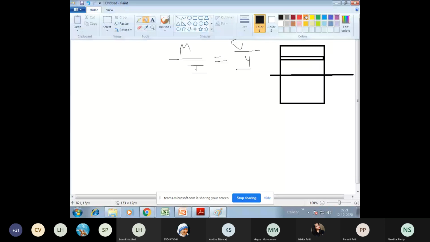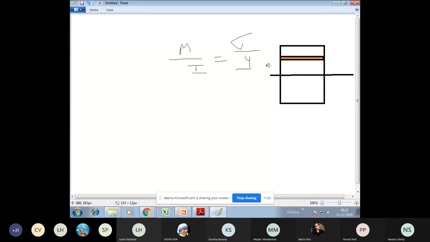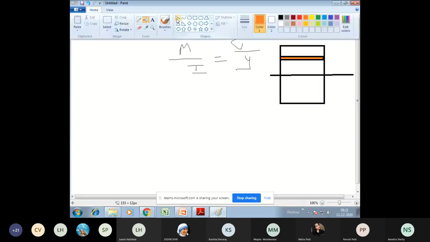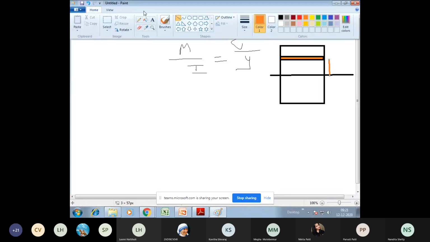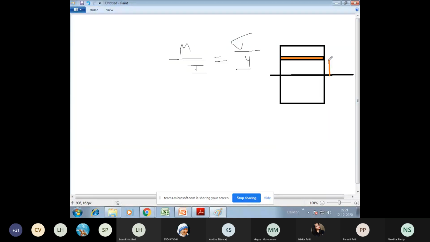Let's say that this is the small element, and this element is at a distance of y from the neutral axis.